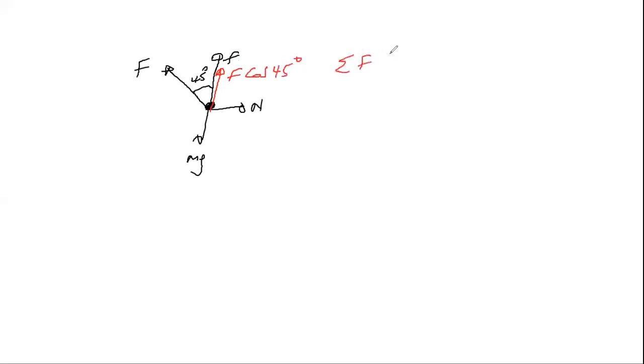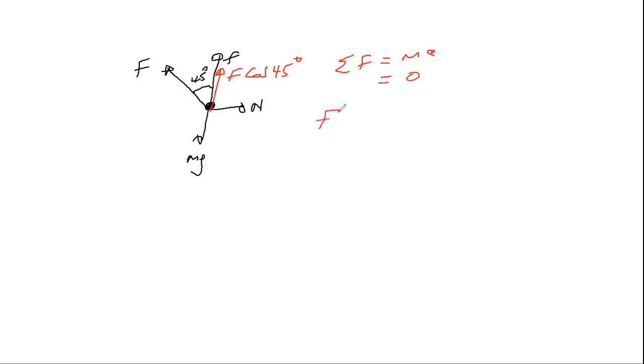Sum of F according to Newton's second law is equal to ma. But if the block is sliding at constant speed, then acceleration is 0. Let's take up as positive.